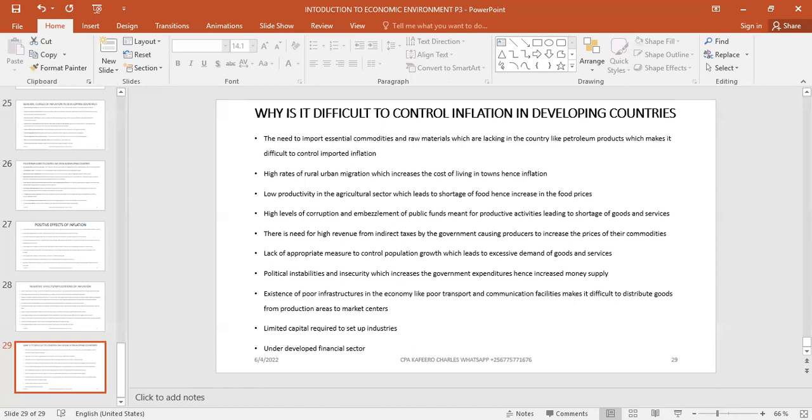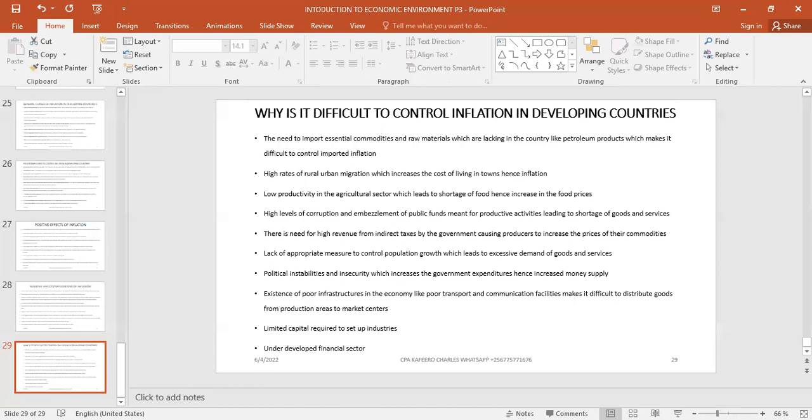The other one, we can talk about high levels of corruption and embezzlement of public funds. There is a lot of corruption and embezzlement whereby there is misuse of the money. Let's say the government puts a certain amount of money aside to fight or to improve agriculture, but people misuse that money and people eat the money and they don't really do what the money is supposed to do.